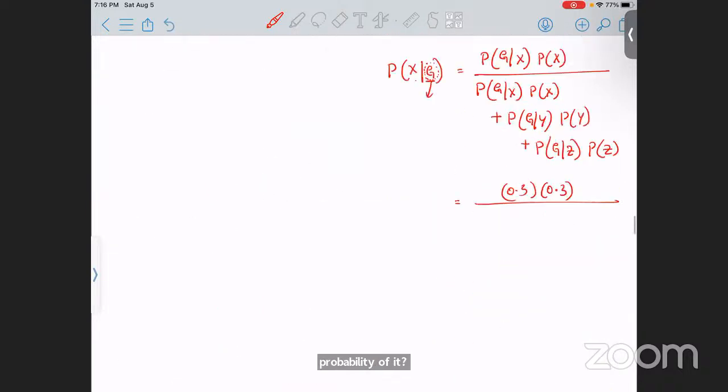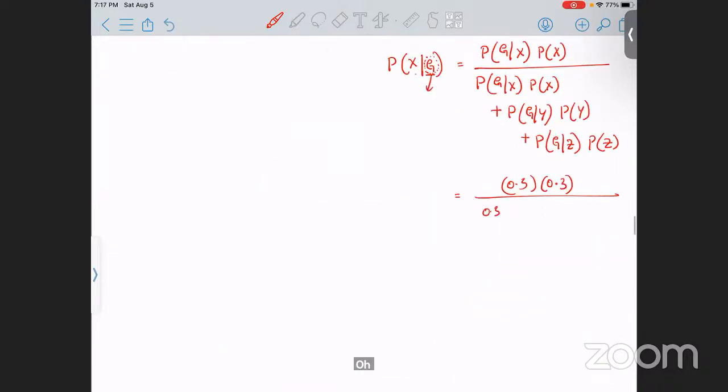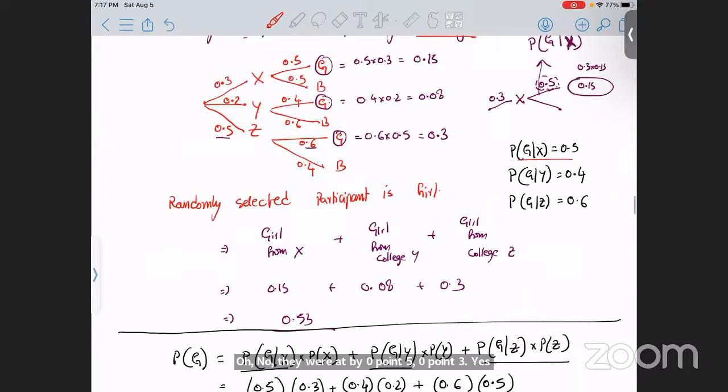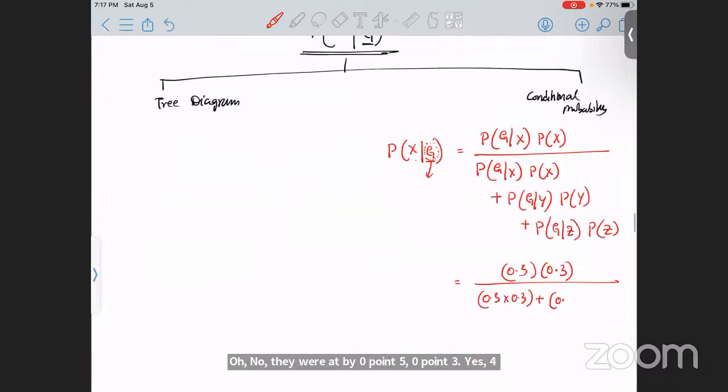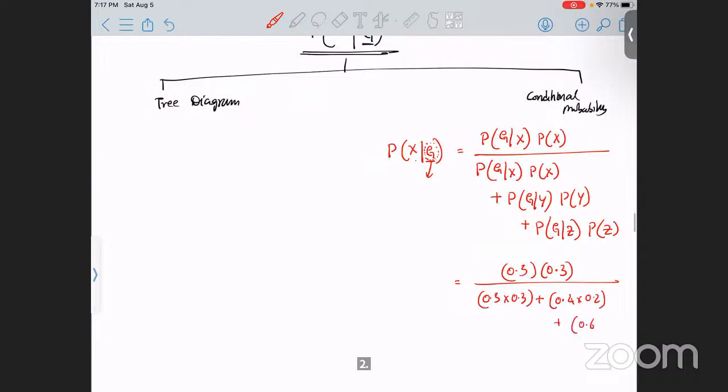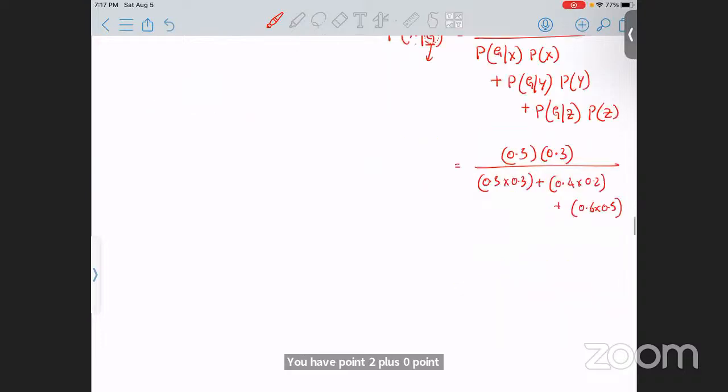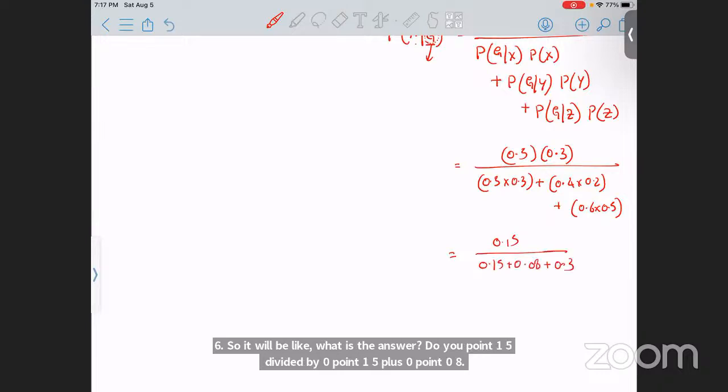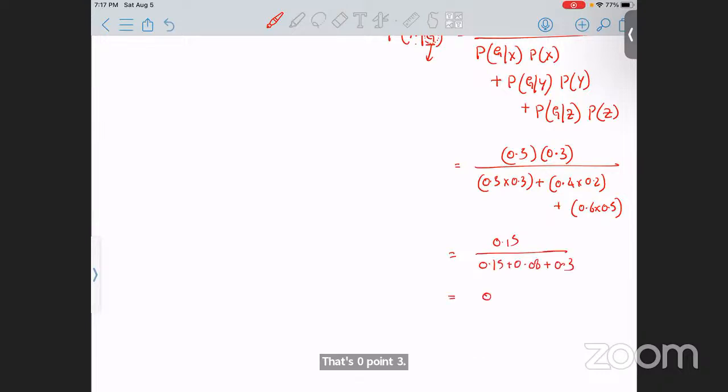Now divided by 0.5 into 0.3 plus 0.4 into 0.2 plus 0.6 into 0.5. So the answer is 0.15 divided by 0.15 plus 0.08 plus 0.3. The answer would come around 0.28.